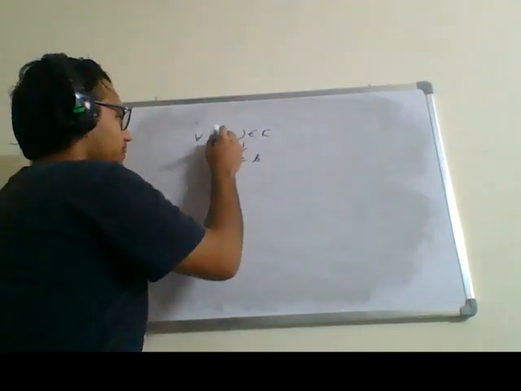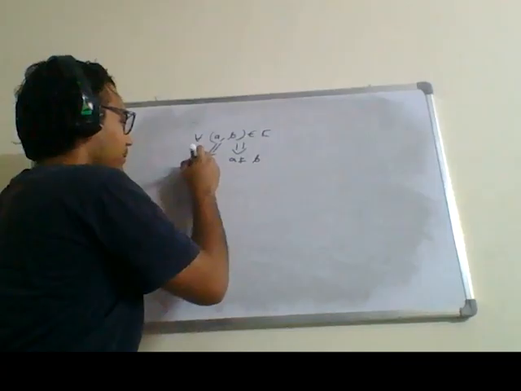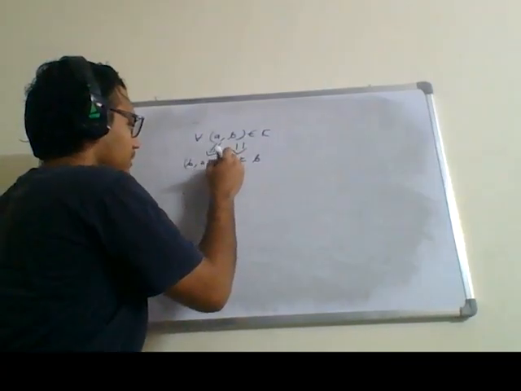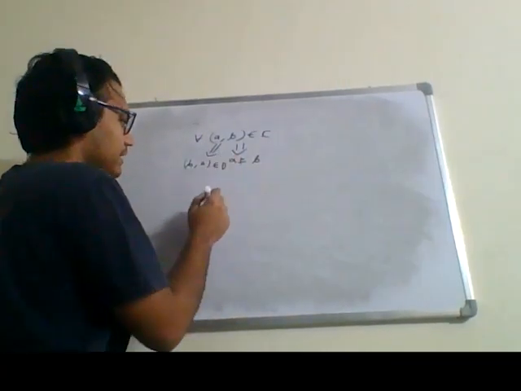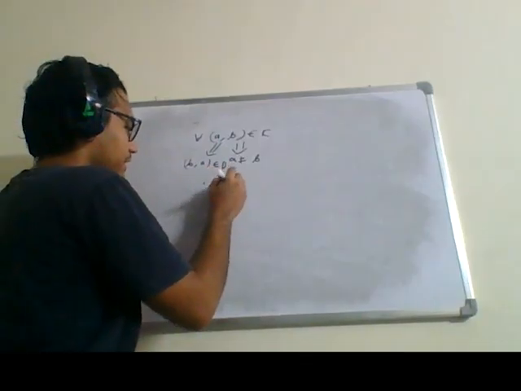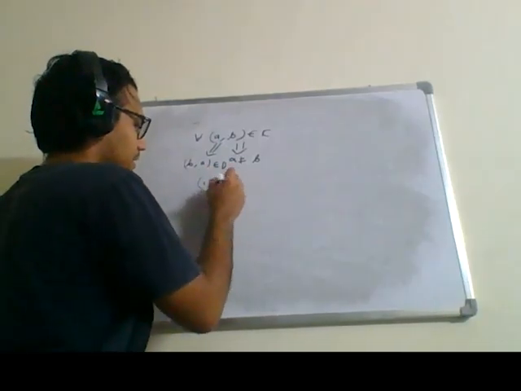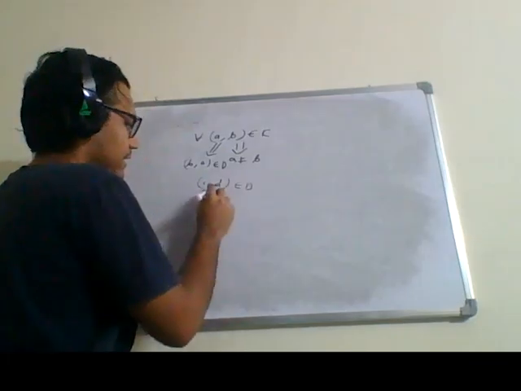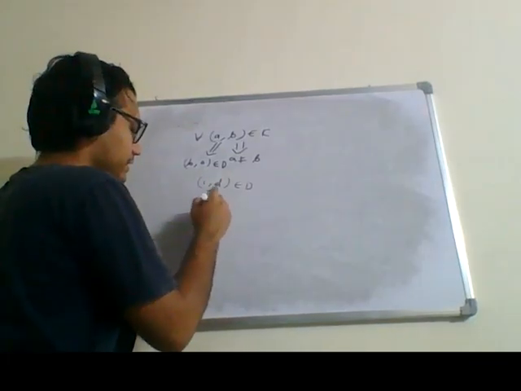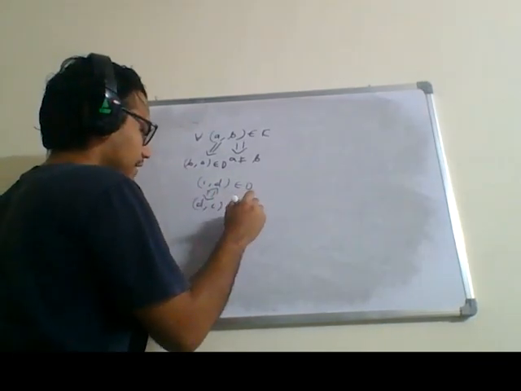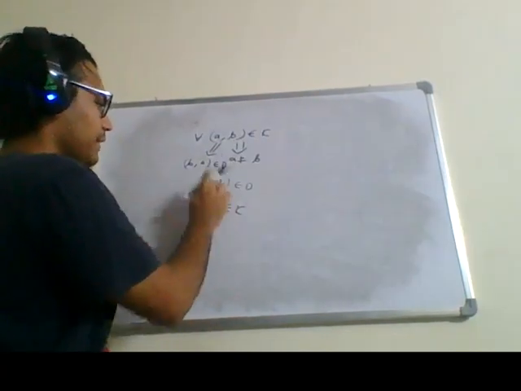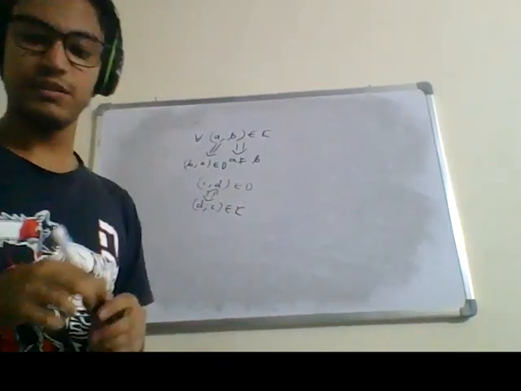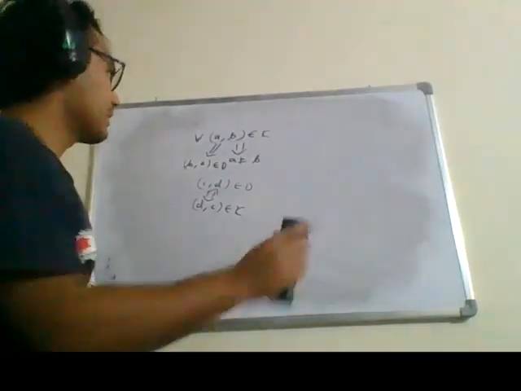Now (a, b) belongs to C implies (b, a) belongs to D. Take any (c, d) in D, it implies (d, c) is in C. Since it's in C, c and d are not equal, therefore it's non-reflexive.